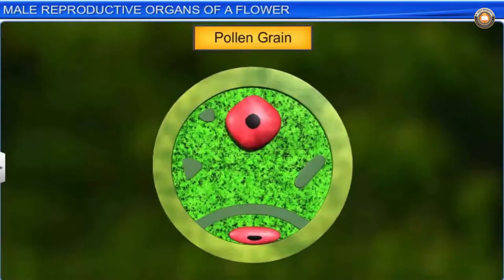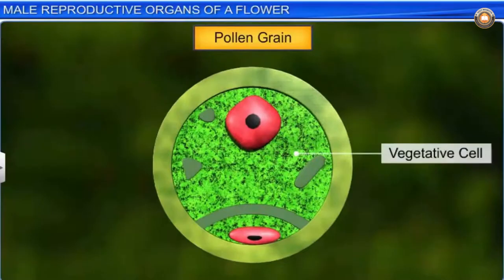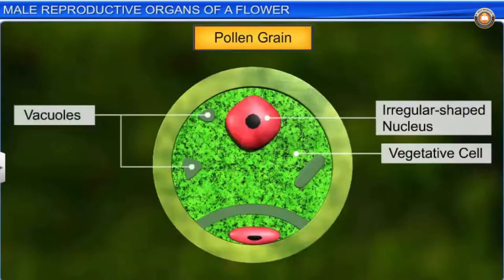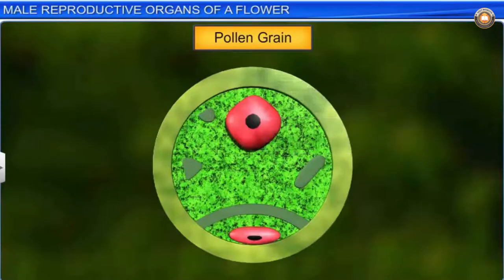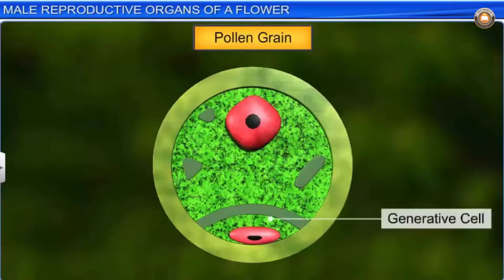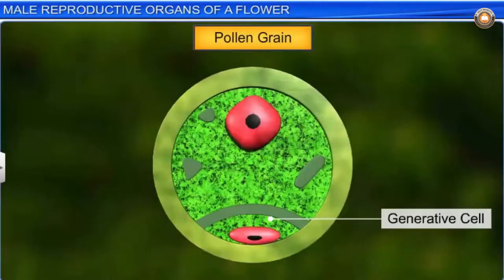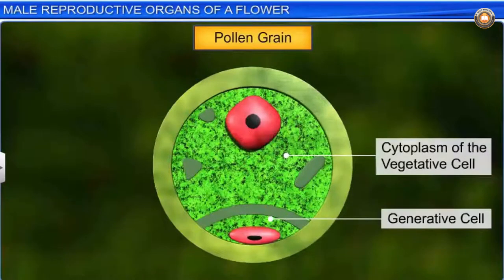The larger cell, known as the vegetative cell, is characterized by a large, irregular-shaped nucleus, vacuoles, and abundant food reserves. While the smaller cell, known as the generative cell, is distinctly spindle-shaped and possesses dense cytoplasm. Moreover, the generative cell floats in the cytoplasm of the vegetative cell.